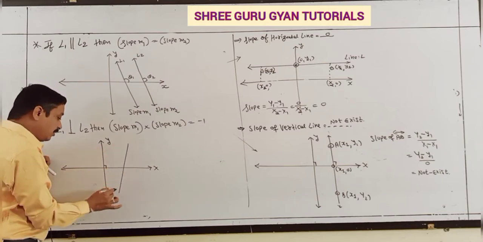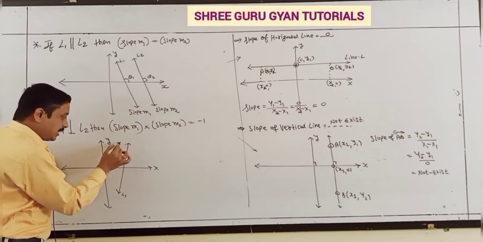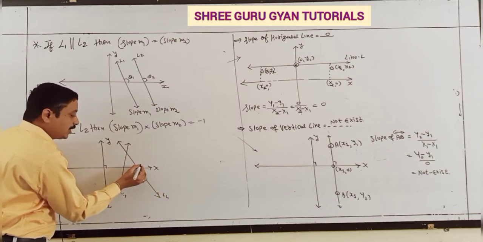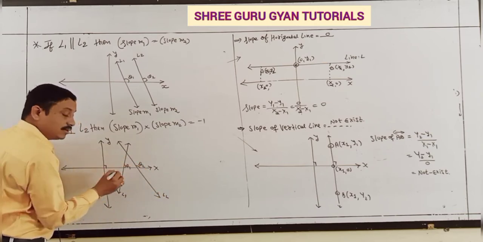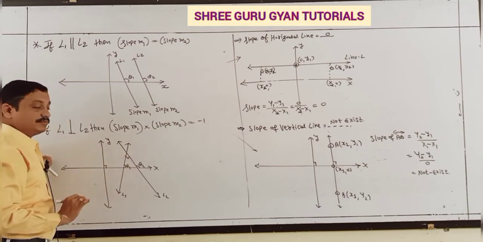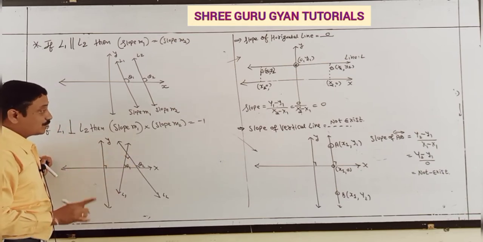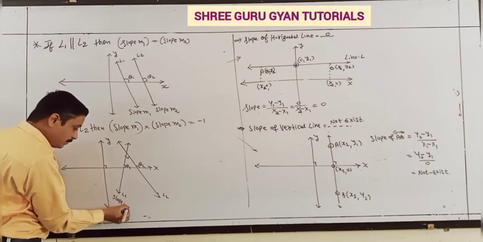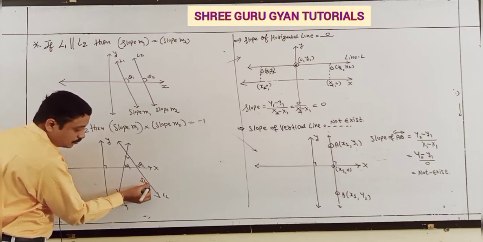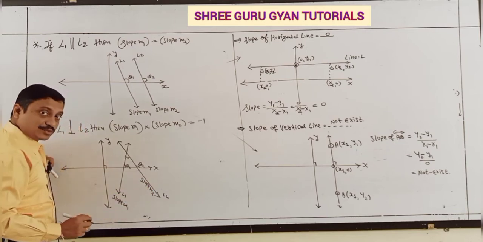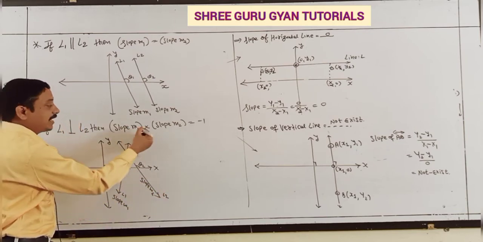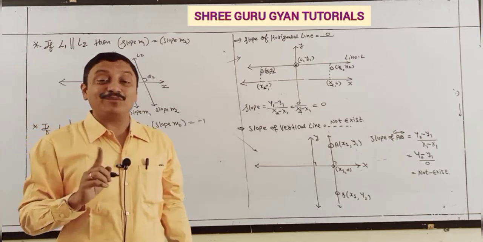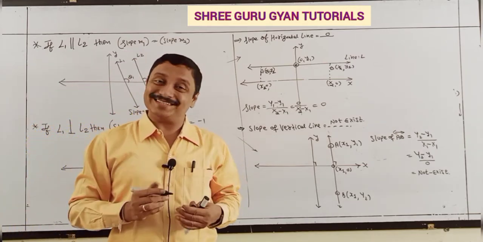Here is line L1 and line L2. Both make angles, here theta 1, here theta 2, and there is 90 degrees between them. So that is your property: that is slope m1 of line L1, and that is slope m2 of line L2, and the product of slope m1 and slope m2 is equal to minus 1 if your lines are given as perpendicular to each other.